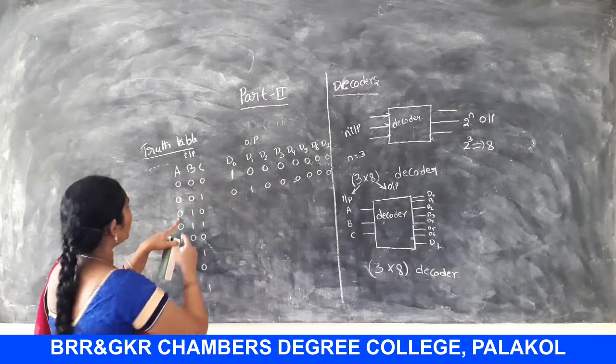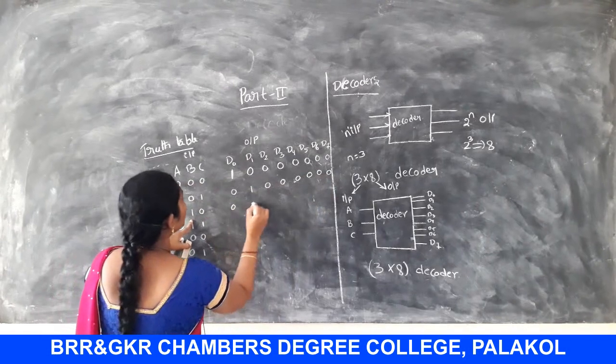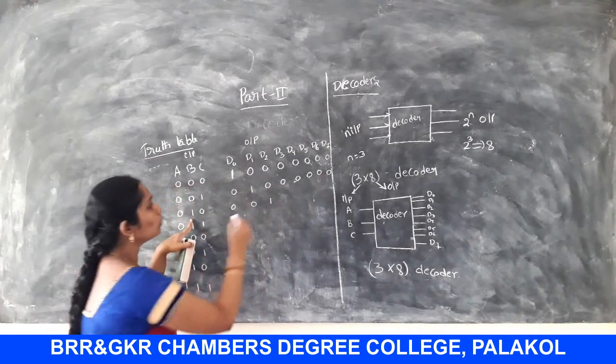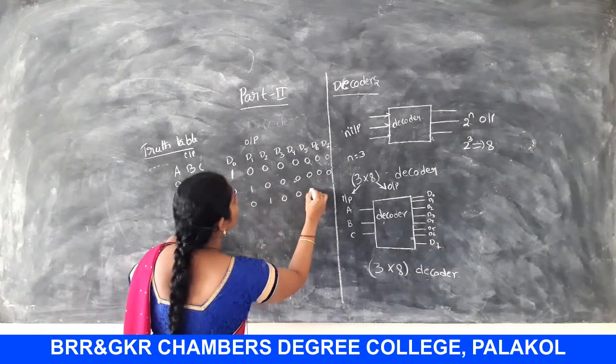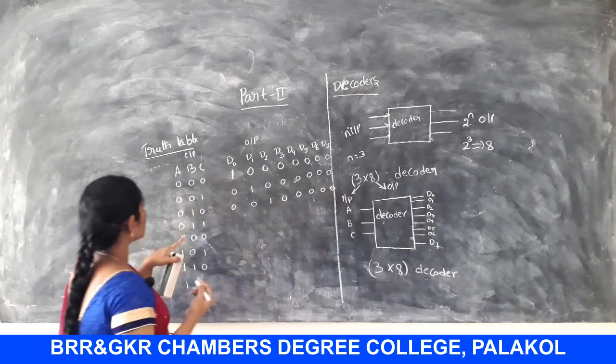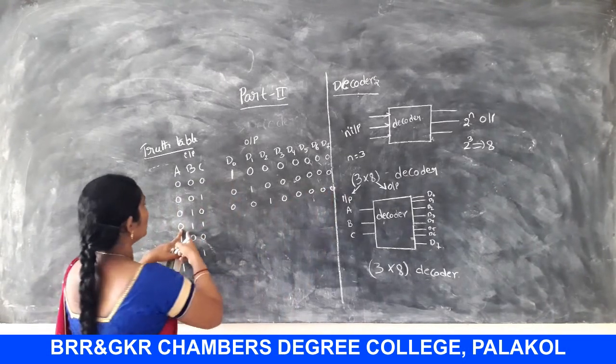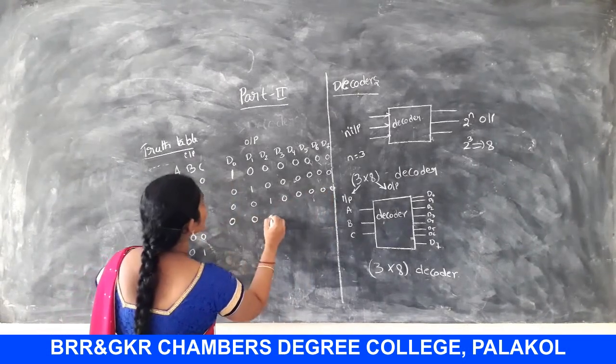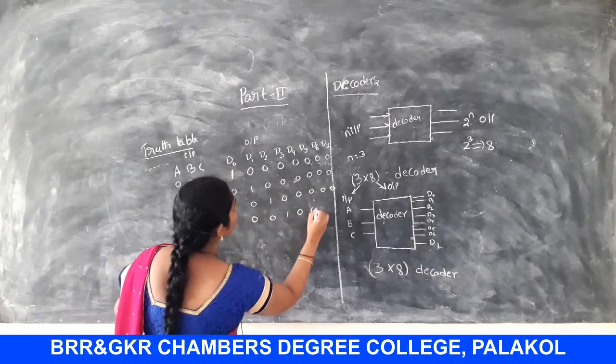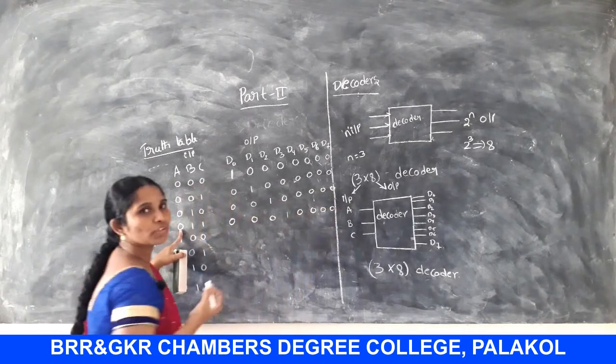Next one is 2, so it will select D2 and all remaining are zeros. Next one is 3, which is D3, and all remaining are zeros.